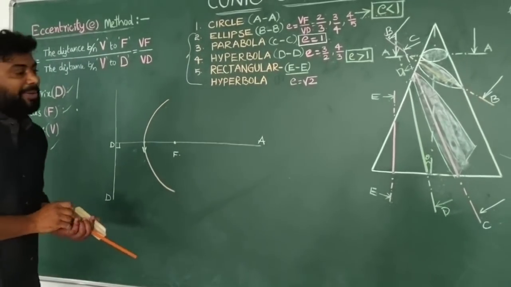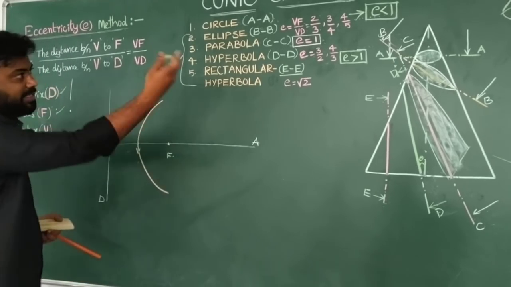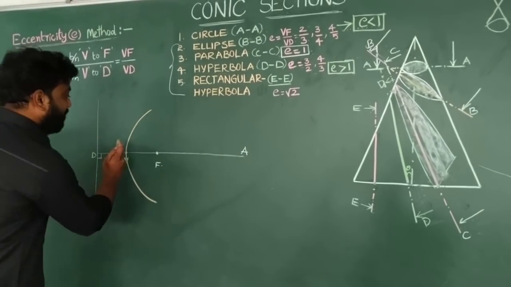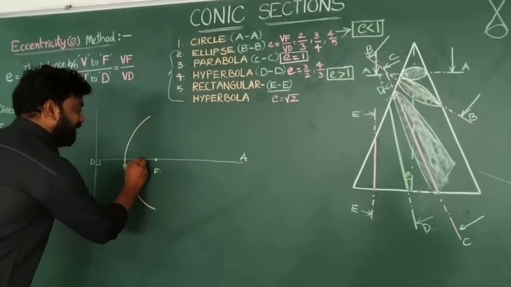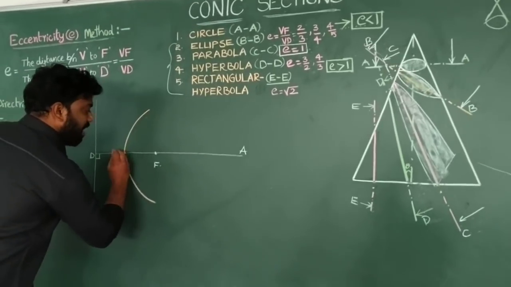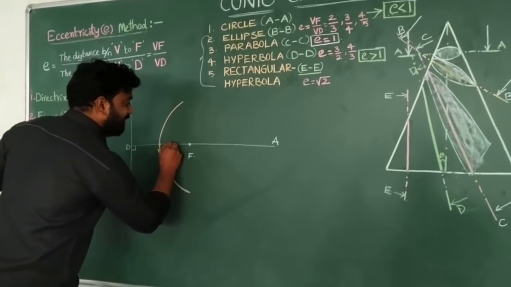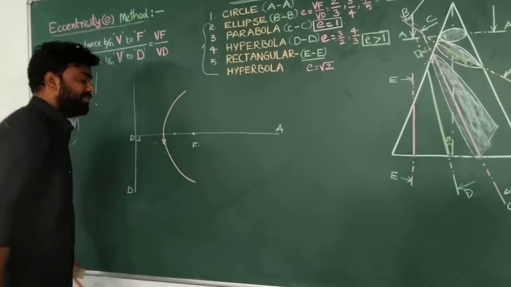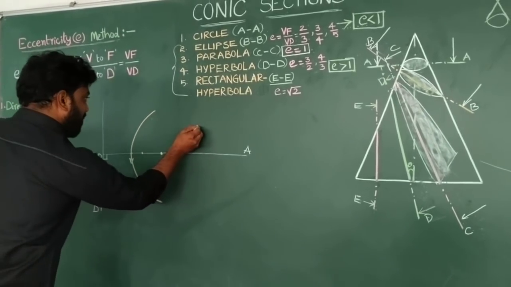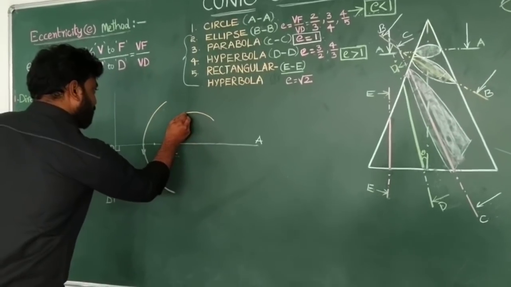Similarly, if you come to the ellipse, we will have an eccentricity value less than 1. Less than 1 means we will be getting the vertex point at this particular position, that means after the midpoint, between V and F we will be getting the vertex point. We can see these particular things in the next class. So here we will be getting the ellipse in this way.